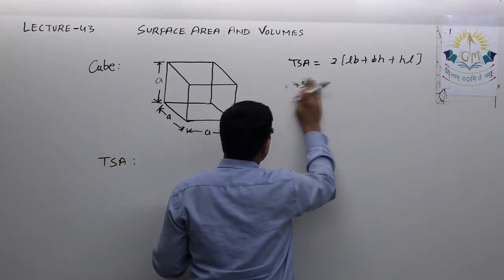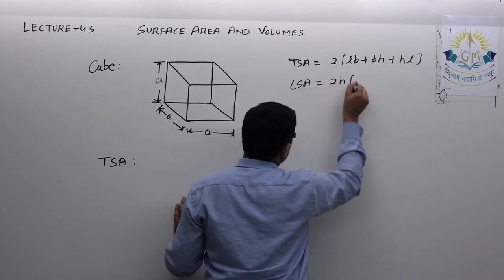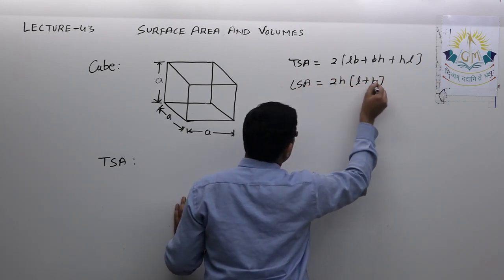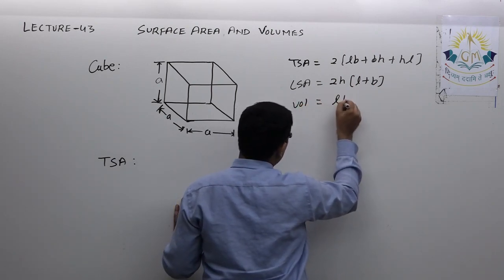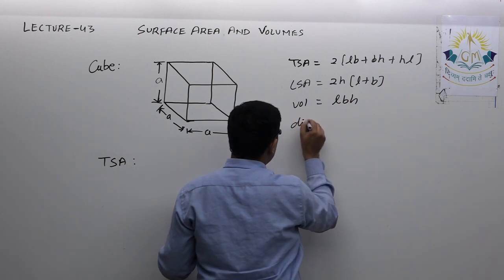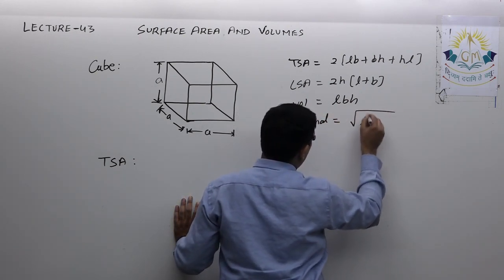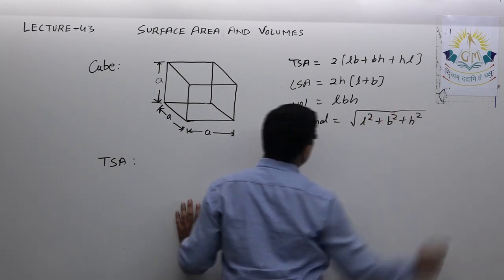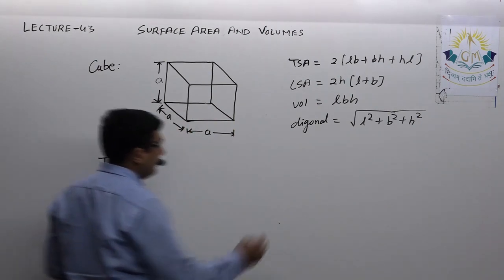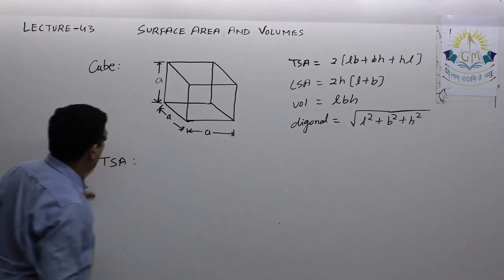LSA, its lateral surface area, is twice of H into L plus B. Volume is LBH, and diagonal is square root of L square plus B square plus H square. Okay, now we see the formulas for the cube.